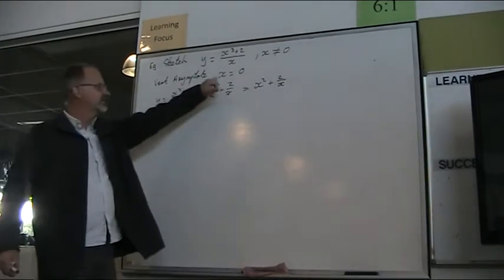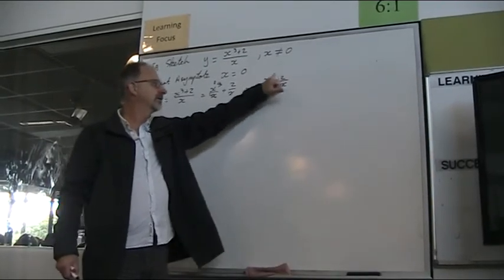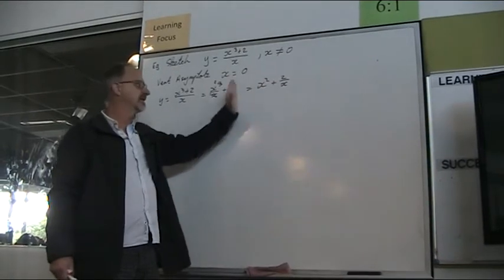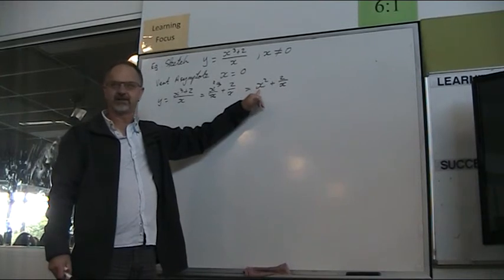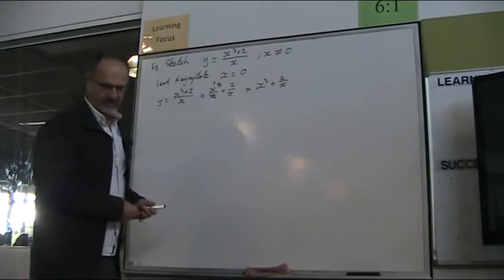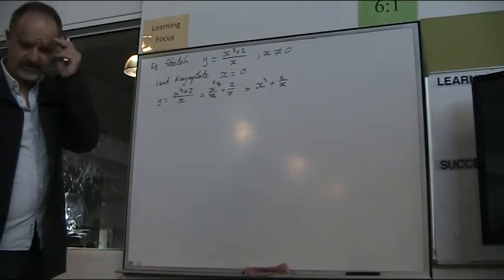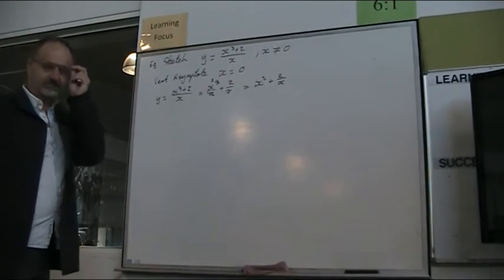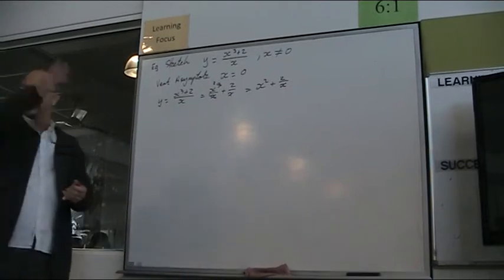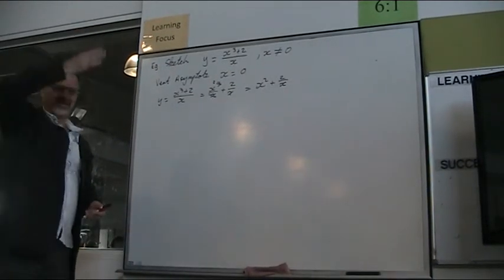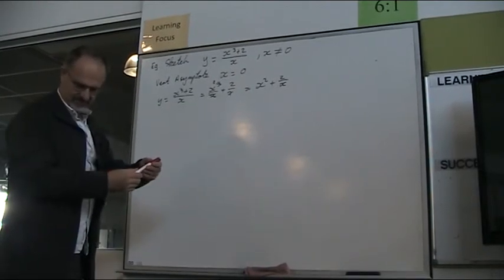We've already got one asymptote, x equals 0. That's relating to this part. The other asymptote relates to the other stuff. Now, the other stuff in this case is x squared. So the other asymptote is y equals x squared, which is quite interesting. So we've got an asymptote that's curving.